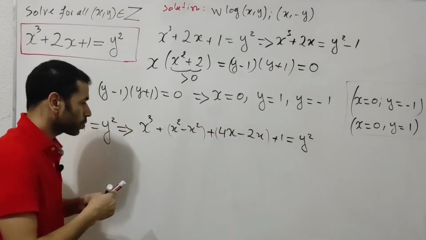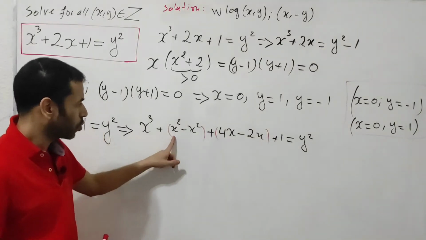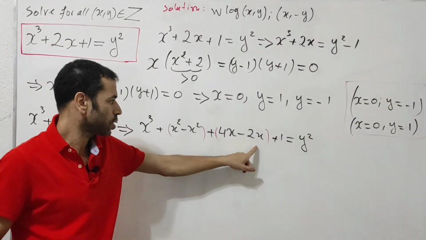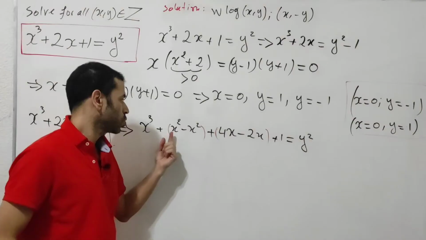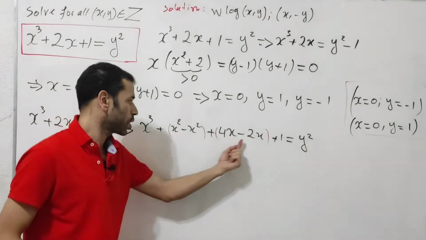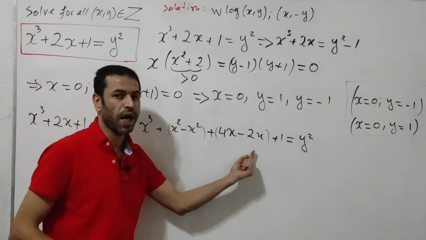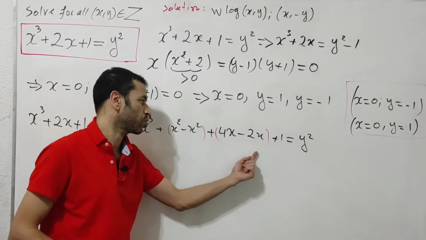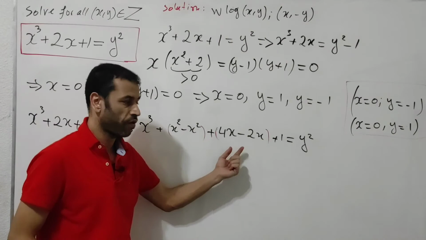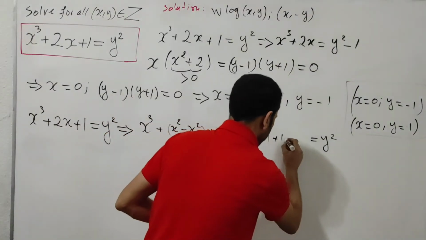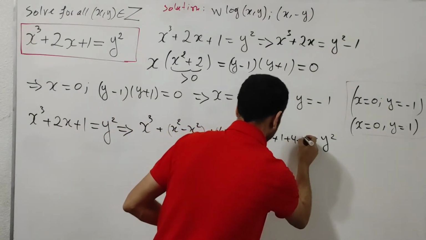Now I'm going to take this x squared with this minus 2x with this plus 1. I will make a quantity square. If you take this x squared, minus 2x, plus 1, it gives us x minus 1 quantity squared. I need also to make x minus 1 a common factor by adding plus 4 minus 4.